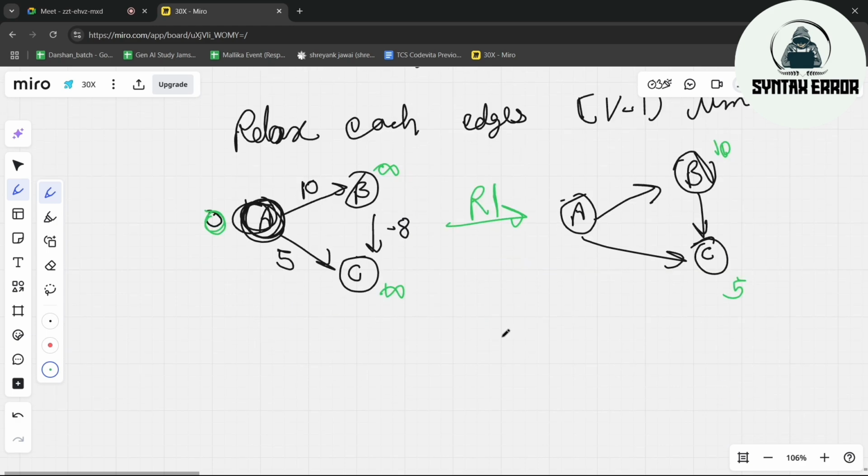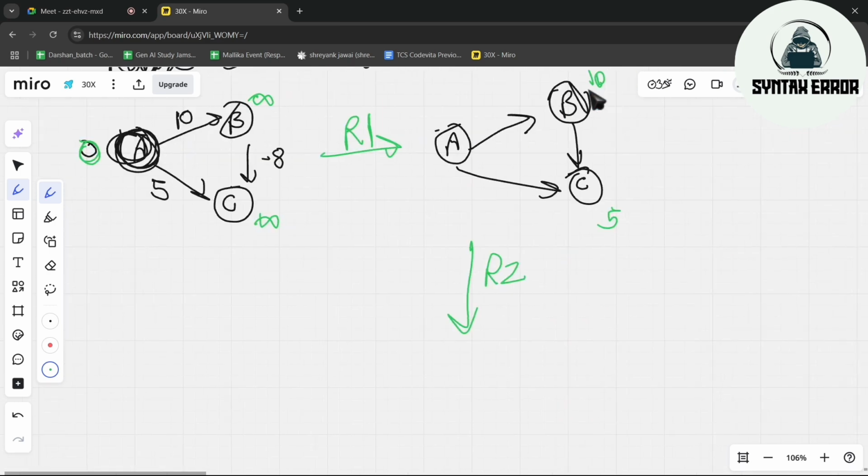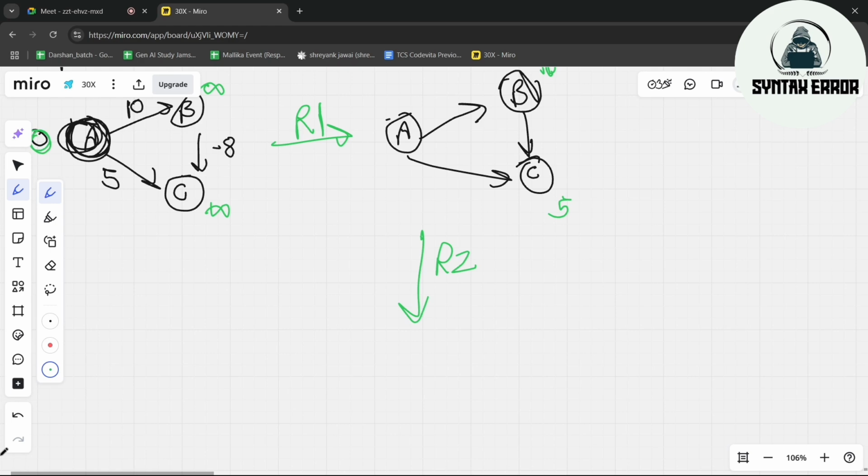So this is our R1. We have relaxed it one time. Next we have to relax it again. Why? Because we have to relax it 2 times, v minus 1. So when we relax it the second time, the initial graph is the same: A, B, C. Now what will we check?